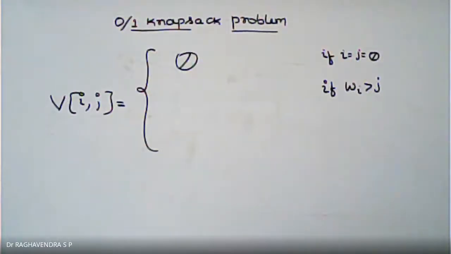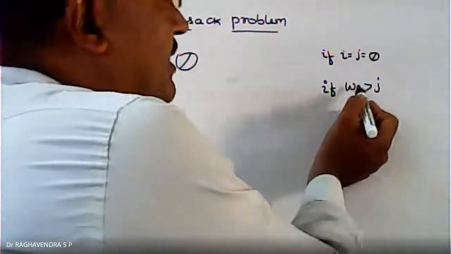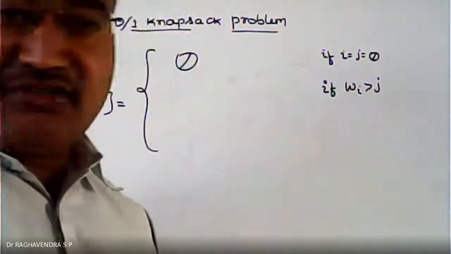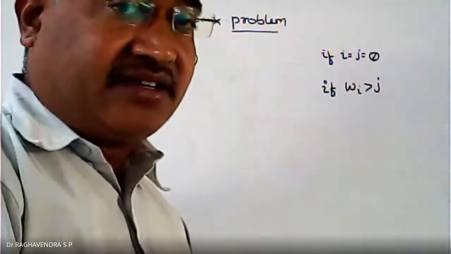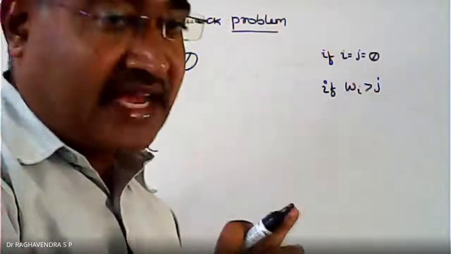No, it is not possible, because the item weight is more than the remaining capacity. I gave you an example, 8 is greater than 6. That is why we cannot insert. Yes or no?